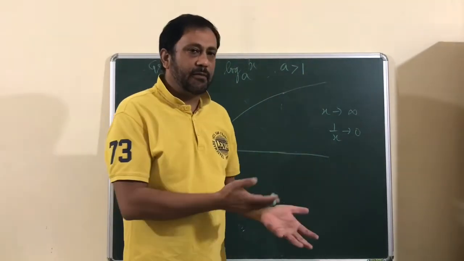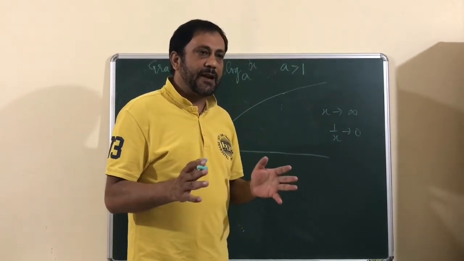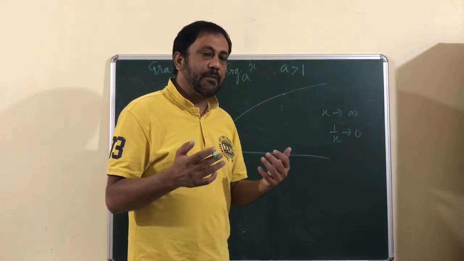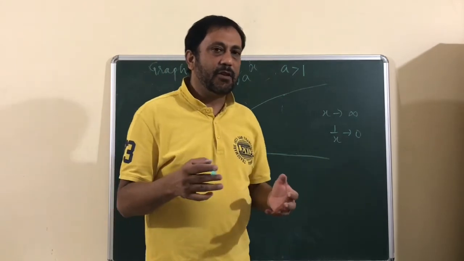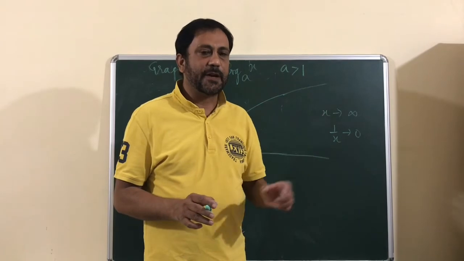And a very interesting thing you can observe here: a raised to the power x, when x approaches infinity, has the derivative a raised to the power x, along with log of a base e, but that is a very insignificant number with respect to infinity.